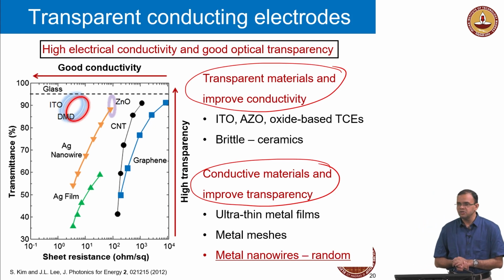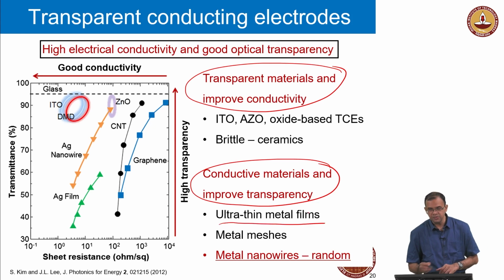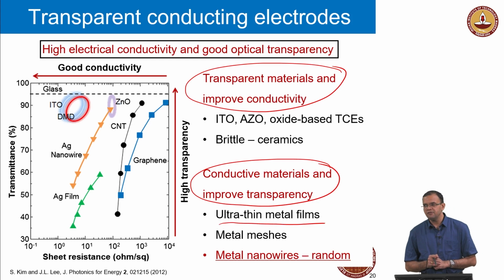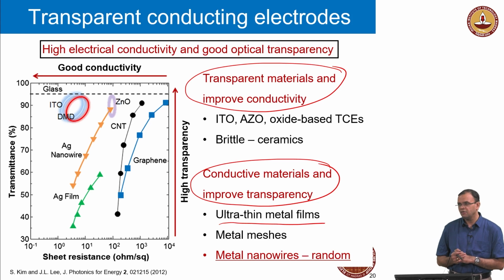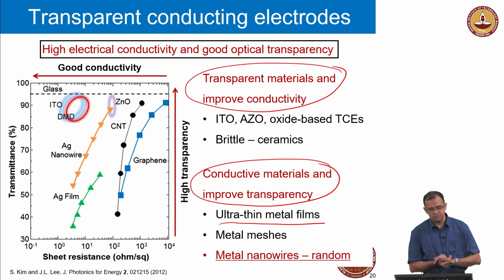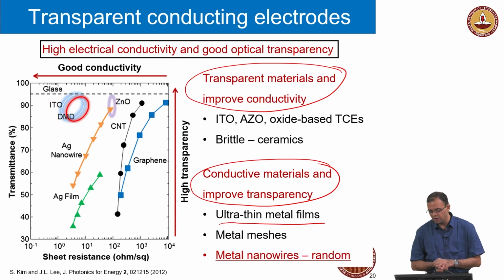So one way to improve transparency is to actually make very thin metal films, so somehow reduce the thickness of the metal, and typically if the thickness of the metal is less than 10 nanometers, you can get some measurable transparency in these materials. How you do this, what are the strategies to grow ultra thin metal films, is again not something that's very easy, but people are working on that.